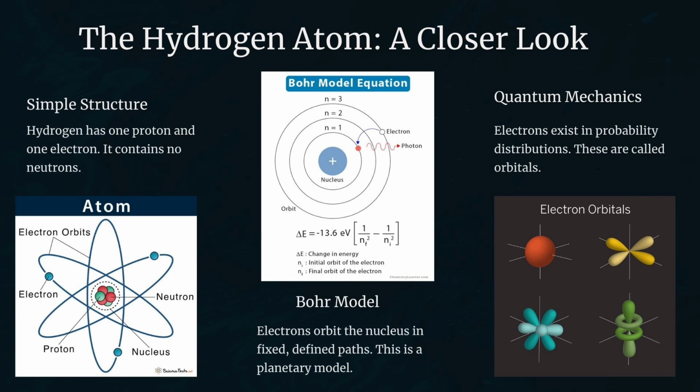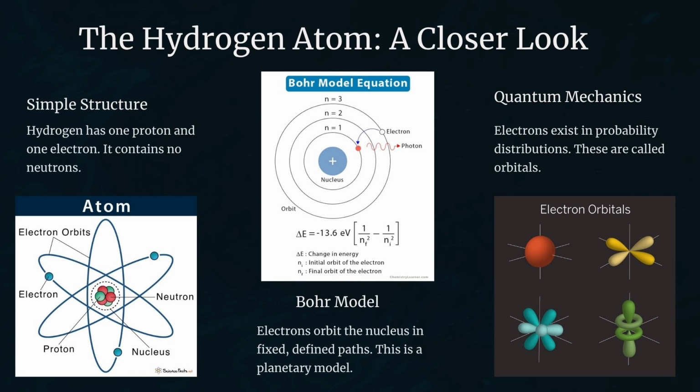The Bohr model, while simplistic, provides a framework for understanding electron energy levels and transitions. The equations shown here allow us to calculate the change in energy during electron transitions between different energy levels. However, it has limitations. Modern quantum mechanics offers a more refined perspective.